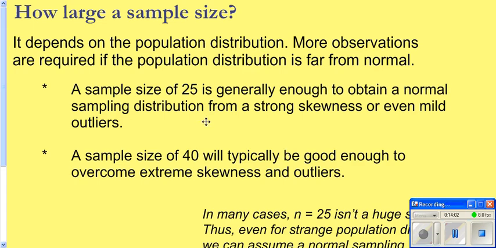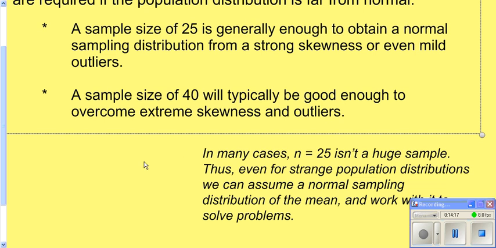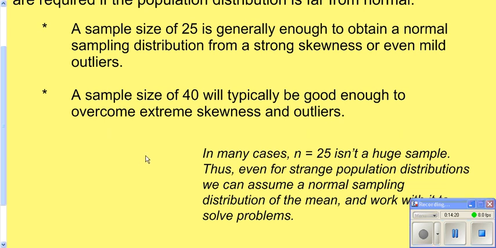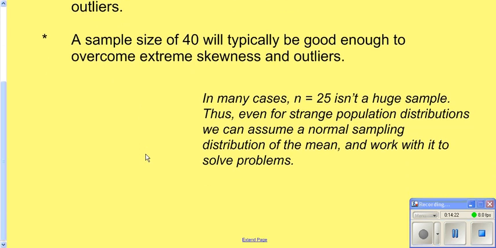So, how large a sample size do you really need for it to be considered normal? Well, a sample size of 25 is generally large enough to be considered normal, even if there's strong skewness. A sample size of 40 is enough to make it normal, even if there is extreme skewness and outliers. And typically a sample size of 25 is really not all that big.